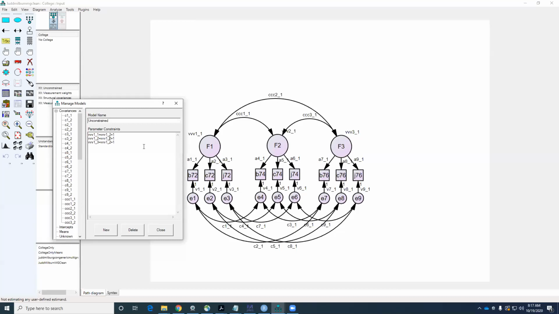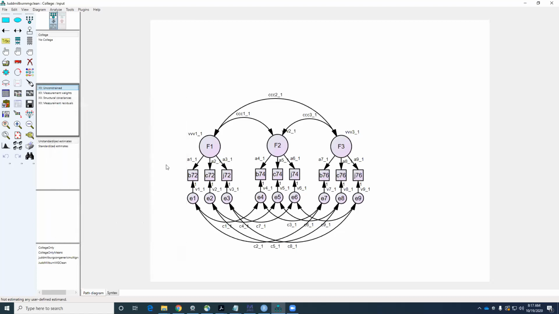Wait a minute, I'm changing the wrong one. Okay. At which point, if I hit the run button, my unconstrained model should run. Let's try that out.